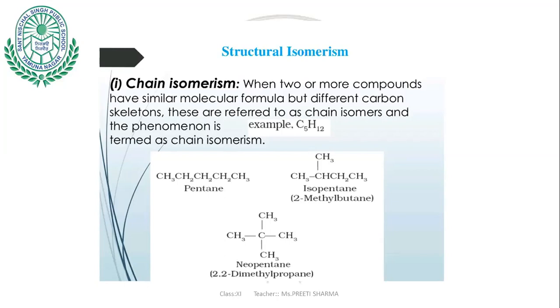One of the methyl groups can be shifted to another carbon, and the next is isopentane or 2-methylbutane. No need for the common naming, just do the IUPAC naming. Again, one of the CH3 groups can be shifted to another carbon to form a new isomer, which will be 2,2-dimethylpropane, and you have already done that.